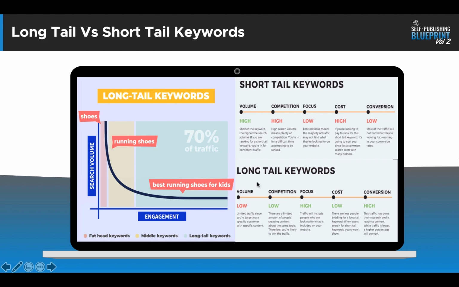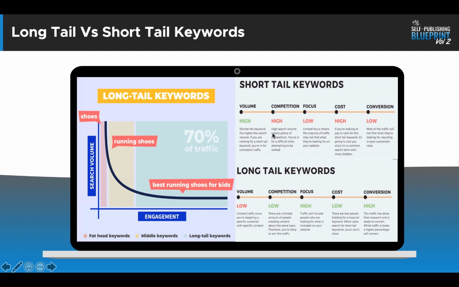So we take a look at short tail versus long tail. Short tail volume is very high. The shorter the keyword, the higher the search volume. If you're ranking for a short tail keyword like shoes, you're in for consistent traffic. However, competition is going to be high.